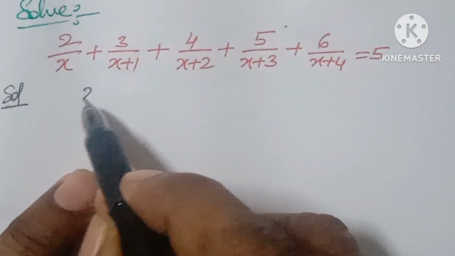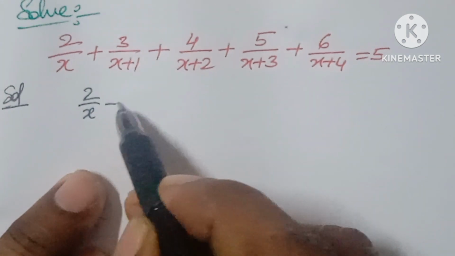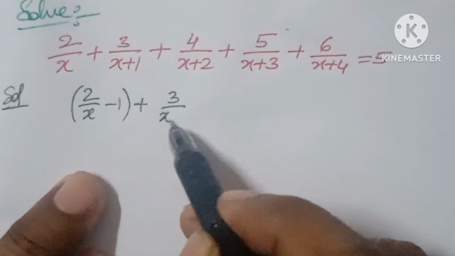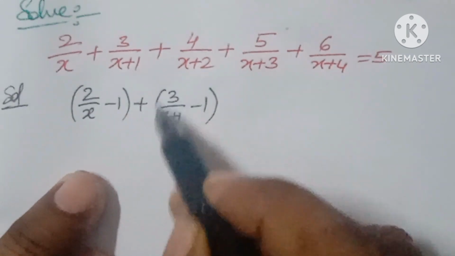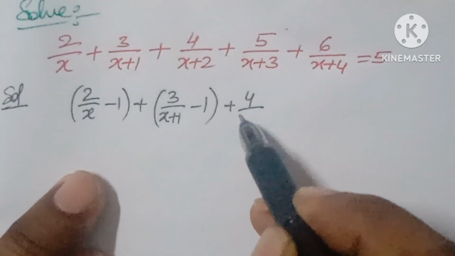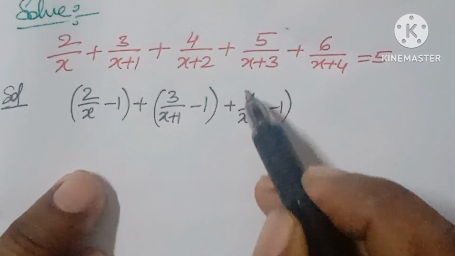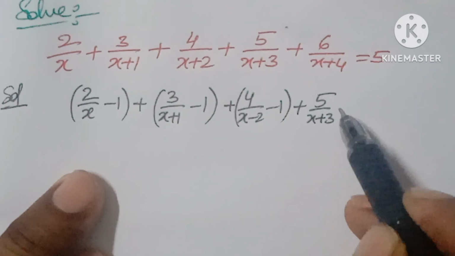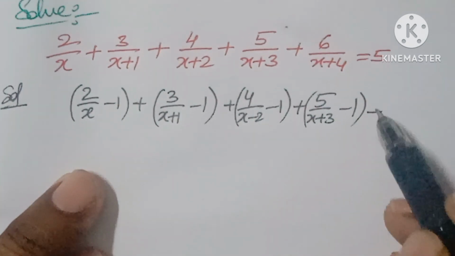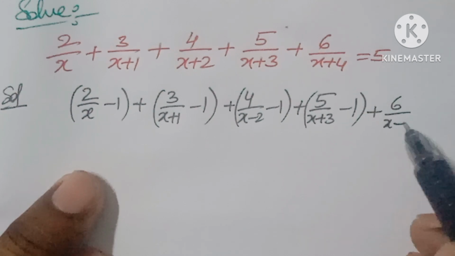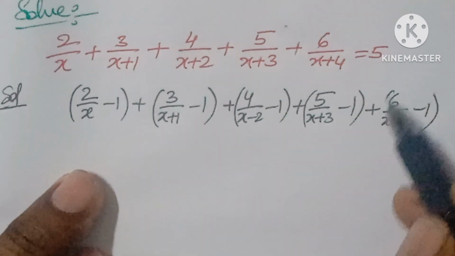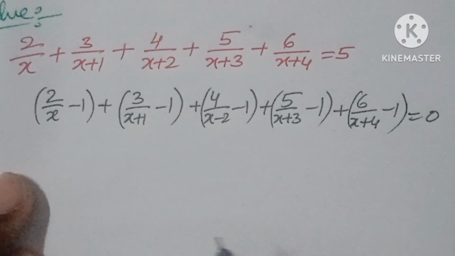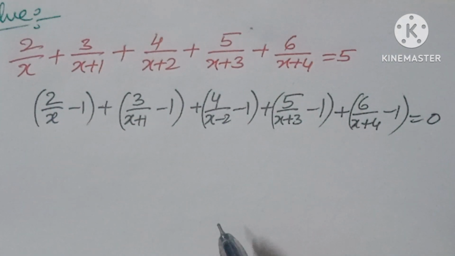So first of all, 2 over x minus 1 plus 3 over x plus 1 minus 1 plus 4 over x plus 2 minus 1 plus 5 over x plus 3 minus 1 plus 6 over x plus 4 minus 1 is equal to 0. So here this is the logical step we are using.